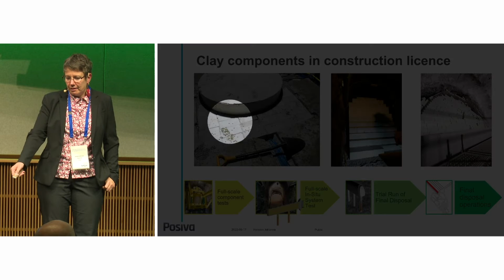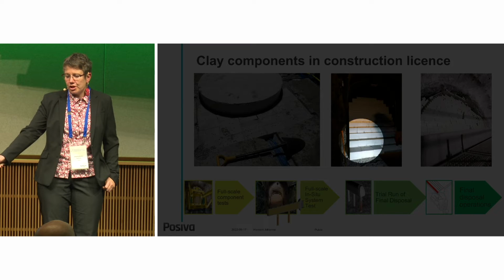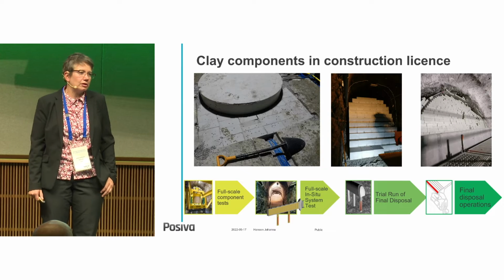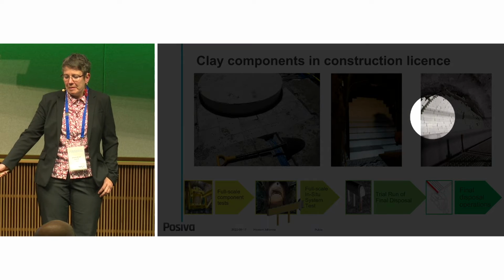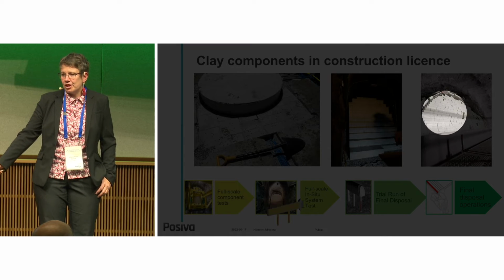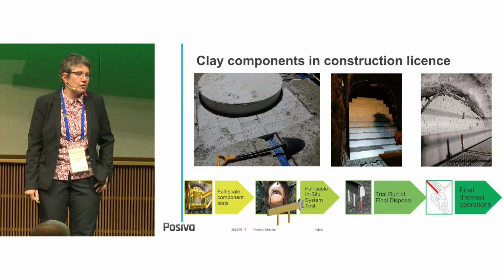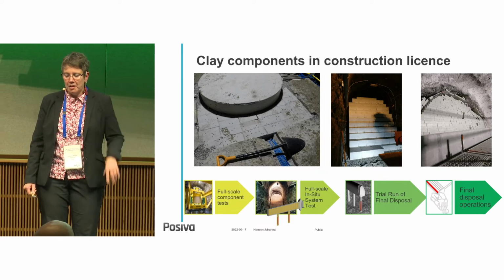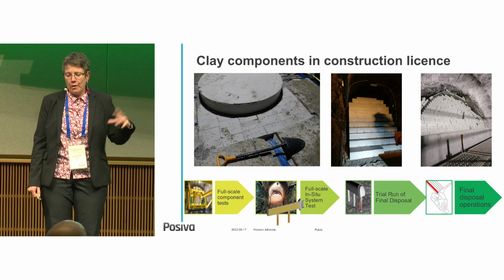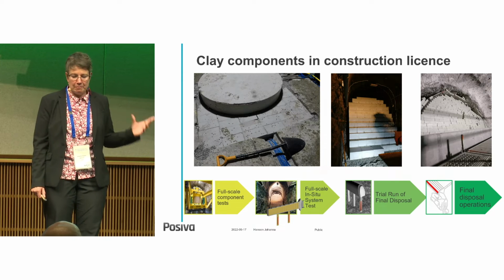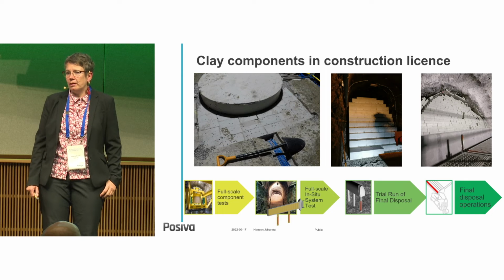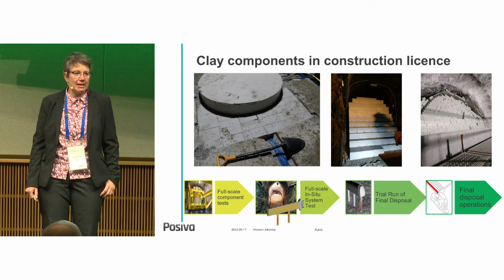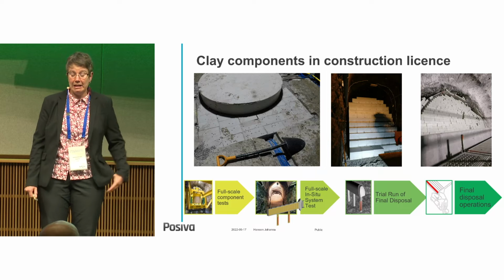Then our backfill in the deposition tunnel consisted of blocks and pellets. And between the backfill and the deposition tunnel block there was the seal layer, which also consisted of small tiles, installed pretty much manually. So that was the status in our construction license application and in the construction license as well.